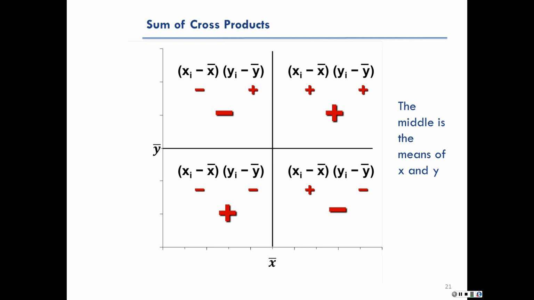If we tend to see positive values on these cross products, that could be because we're seeing either positive x, positive y, or negative x, negative y, which would, when you multiply it out, give a positive. And so then you would see values on the lower left and upper right hand side of the quadrant, and that's how we would get a line that slopes up in a linear fashion from the origin.